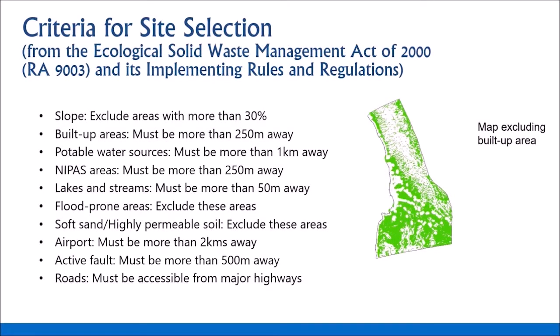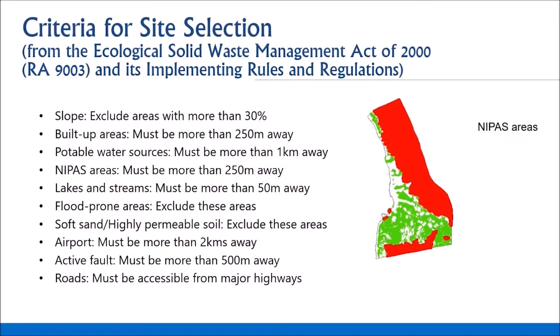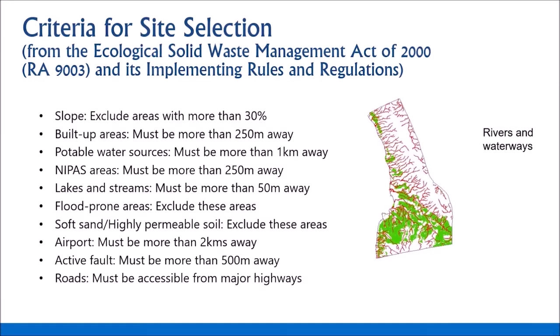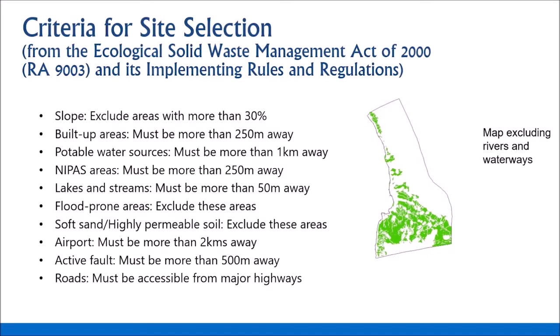Potable water sources must be more than 1 kilometer away. The water sources, exclude. NIPAS areas, buffer by 250 meters away and exclude. Lakes and streams, buffer by 50 meters, exclude. Flood prone, exclude these areas. Soft sand and highly permeable soils, exclude.